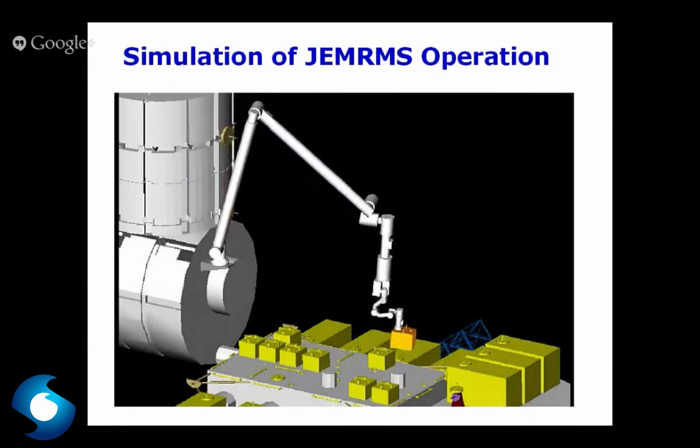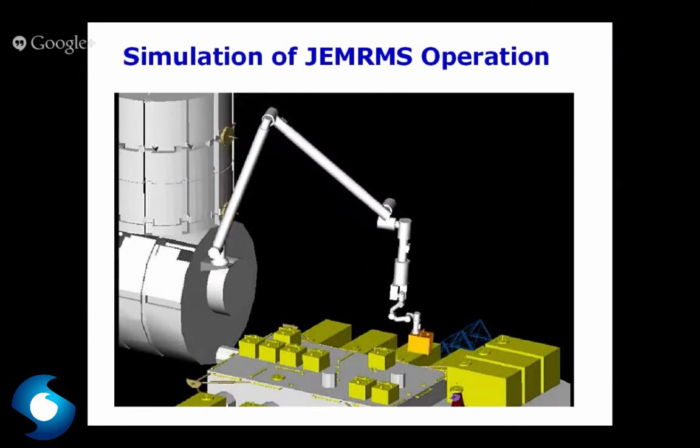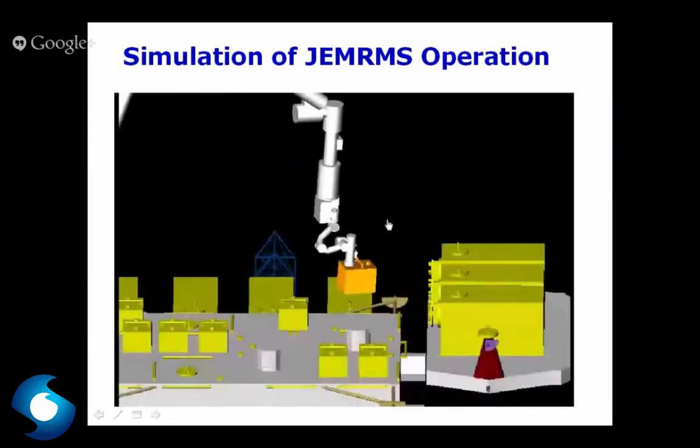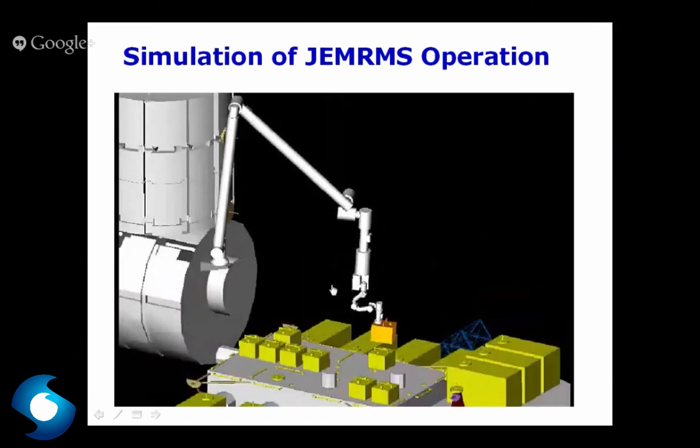This is our computer graphics simulation of the Japanese manipulator arm. Currently the arm is moving at constant velocity, but we suddenly stopped the manipulator motion, and because of its inertia it starts such a vibration. Once we have such a vibration, it's not easy to damp it out in a microgravity environment.